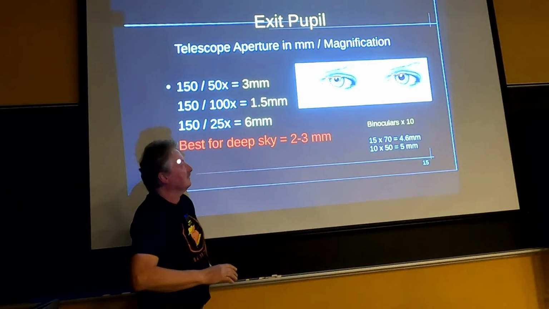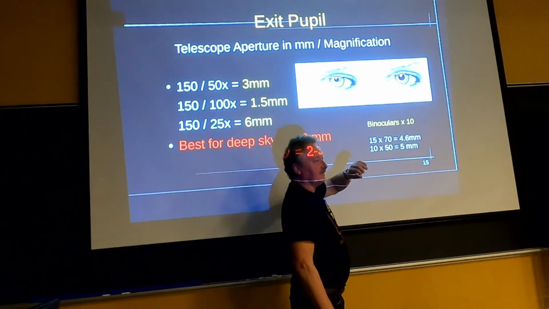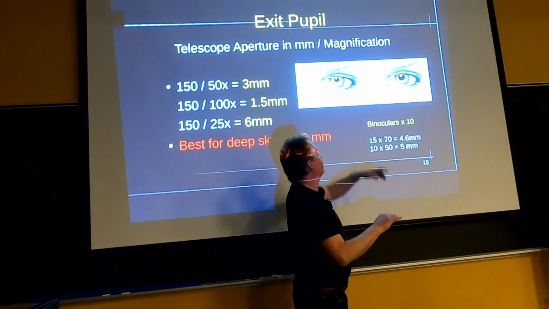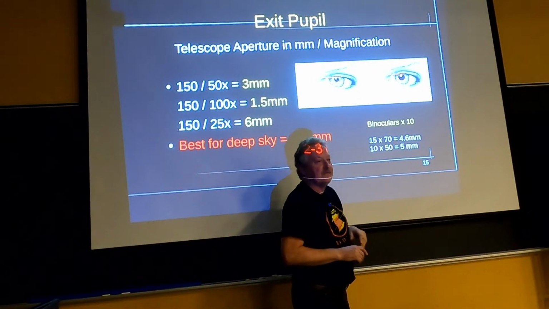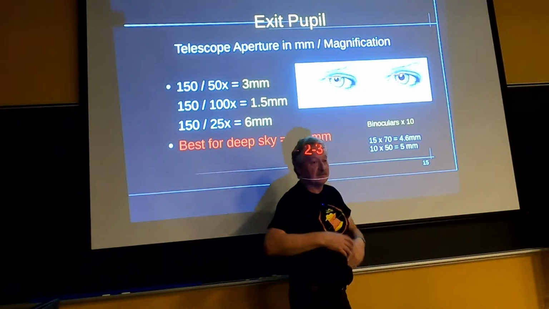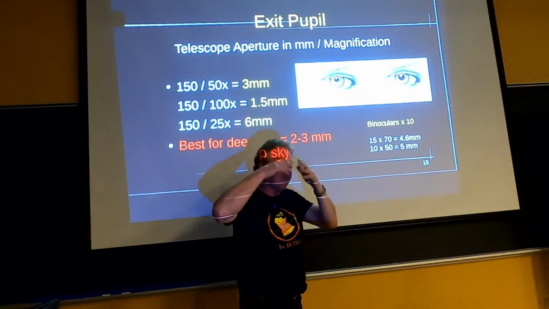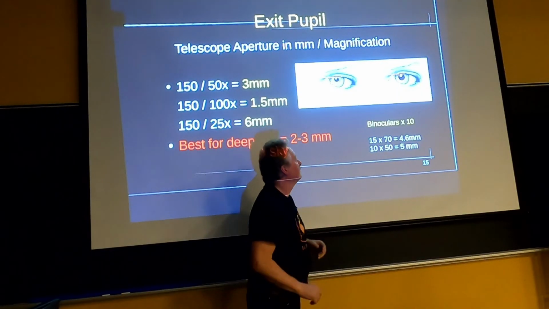So if you're not dark adapted and you've got a 5 millimeter image coming out of your telescope, but your eye is only at 2 millimeters because there's a whole bunch of bright lights around, most of that light's going to be bouncing off of your iris and going back and hitting the eyepiece. You're going to get little flashes and it's going to be uncomfortable, basically.